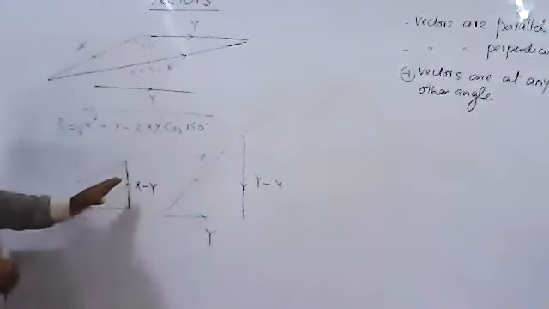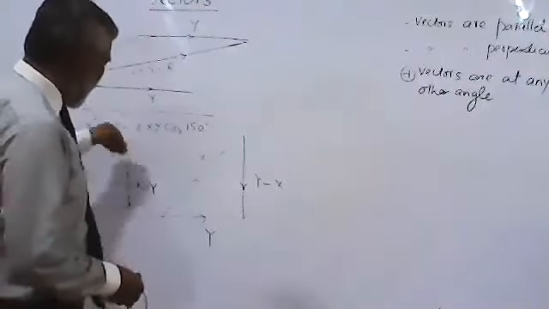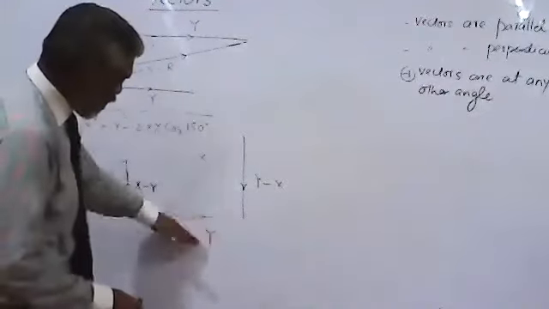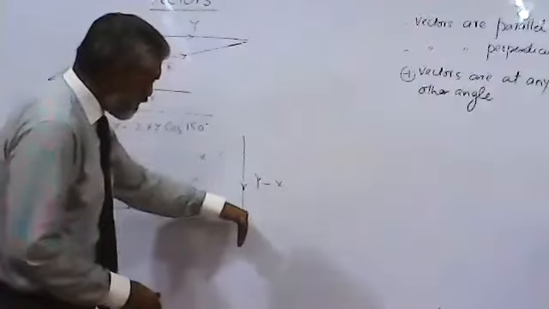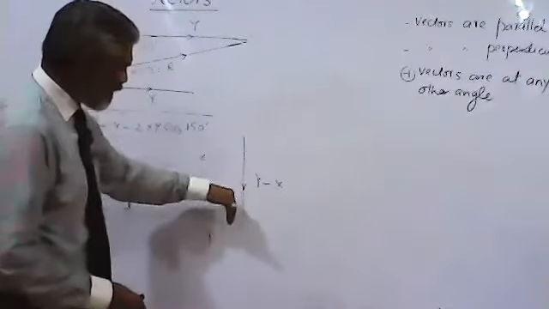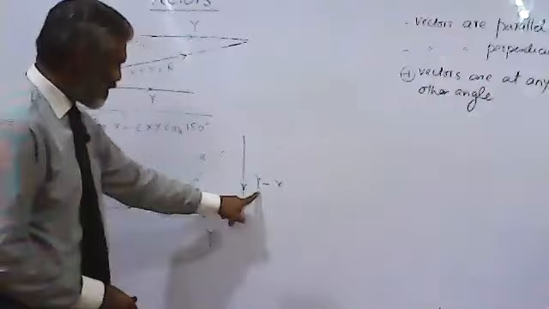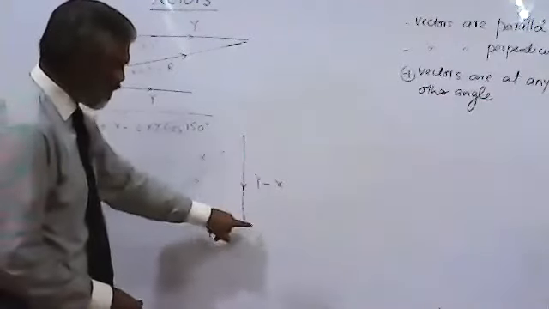where heads are joined. Similarly, if I change its direction, keeping x and y more or less the same vectors, y minus x will be directed downwards because y appears first here. So it should be directed towards y.